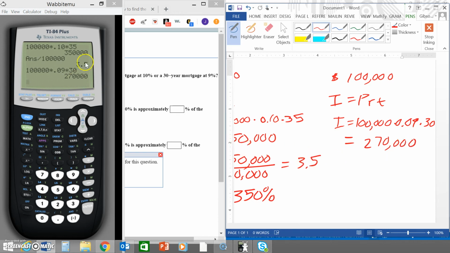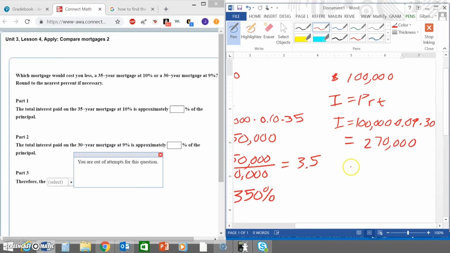Now, just like in the previous problem, they want us to find out what percent this 270,000 is in comparison to the principal. So we would do this. We would do the formula of the interest divided by the principal. The interest is 270,000, and the principal is 100,000.